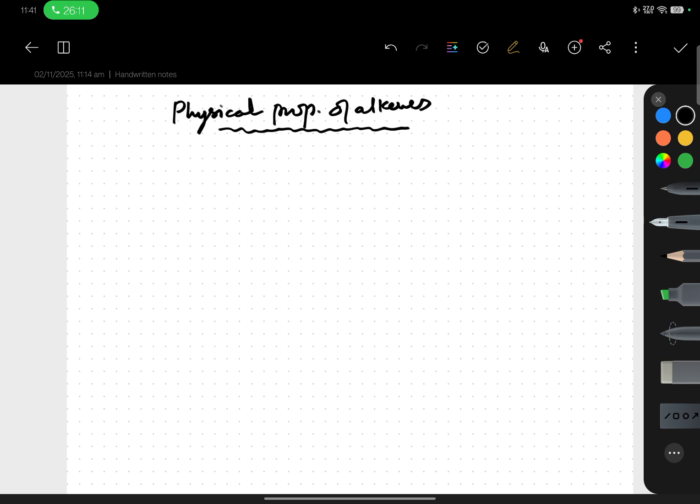Physical properties of alkene. Please make a note, ma. Ethene, propene, butene are all gases.